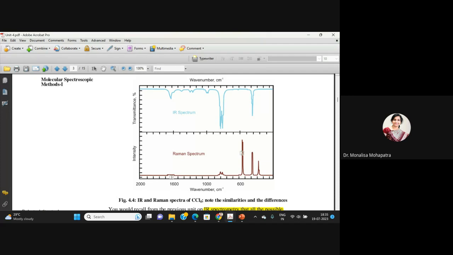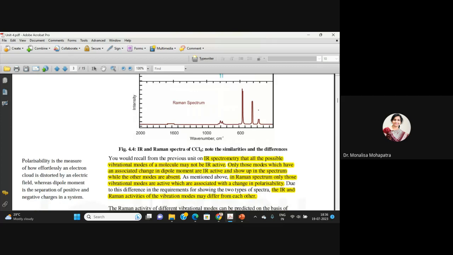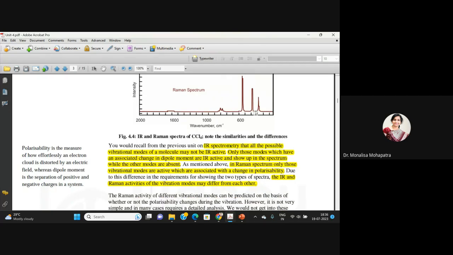In the Raman spectrum it is there at the bottom, but it is a little bit less intense. And here you are getting some peaks, however, they are absent in the IR spectrum. I am going to clarify that in the subsequent part, the IR and Raman spectra of CCl4 you are seeing here.